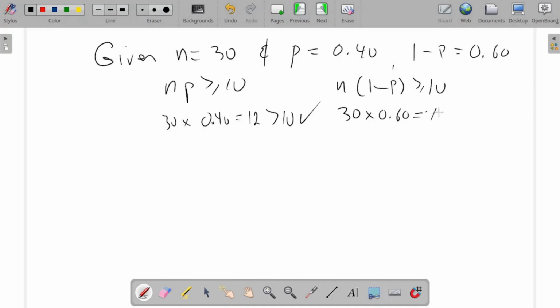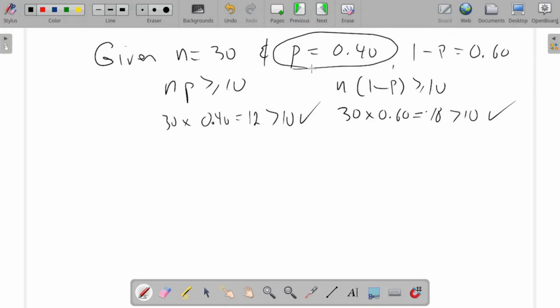So this is equal to 18, which of course is bigger than 10. So here's a case where everything works out. Our sample size of 30 is sufficiently large to have a normal distribution. Now, that's an artifact of the fact that p is pretty close to 50%.